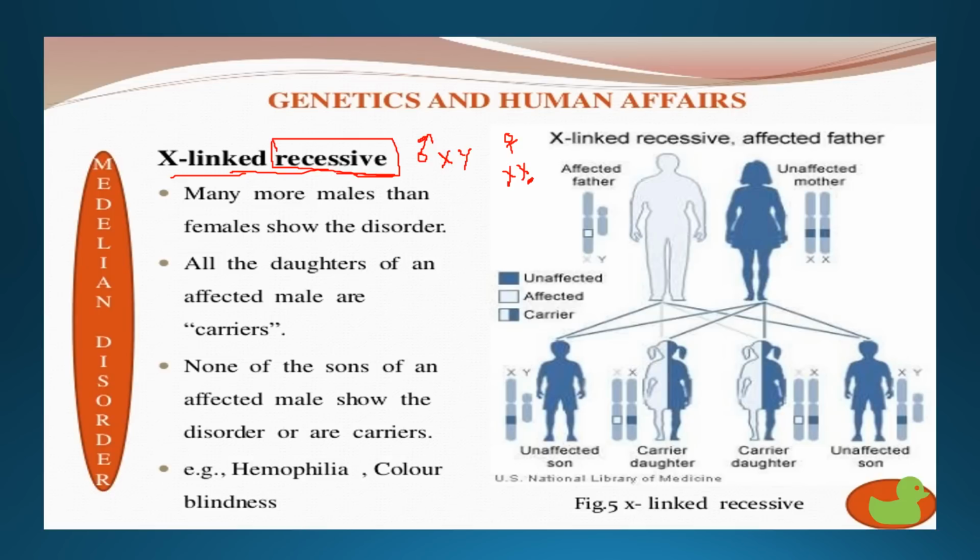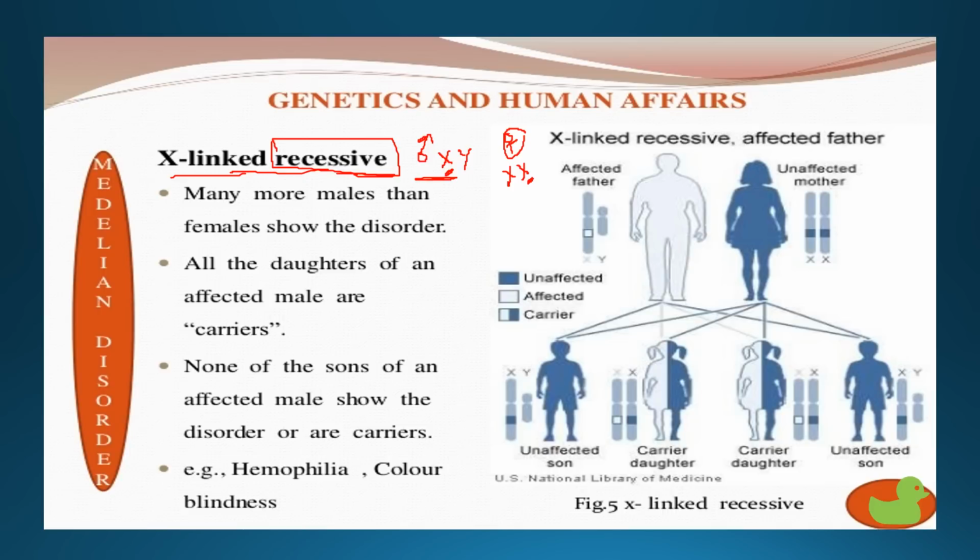So the daughters are rarely affected, but the sons are mostly affected because they inherit only a single X chromosome. If that is normal, then the male child is normal. If this X chromosome is mutated, then that male child is going to suffer from the disease.